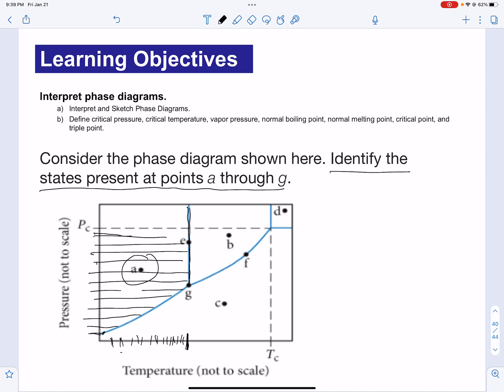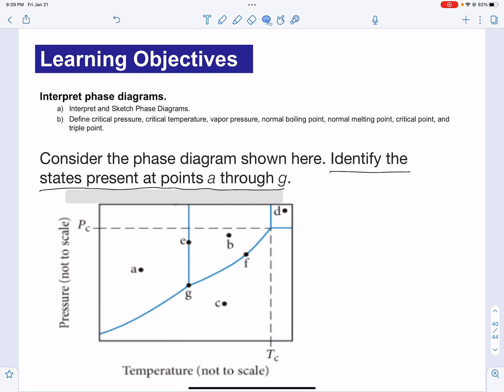As the temperature increases, we know that you can take a solid and convert it into a liquid. You can also take a liquid and make it into a solid. So I'm going to say that at lower temperature and lower pressure, that's where the molecules are the closest together.